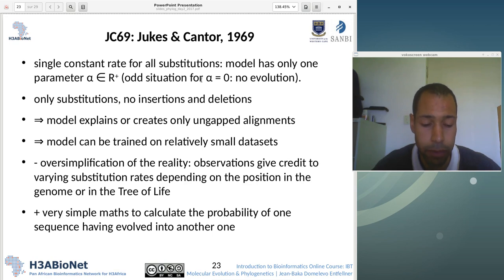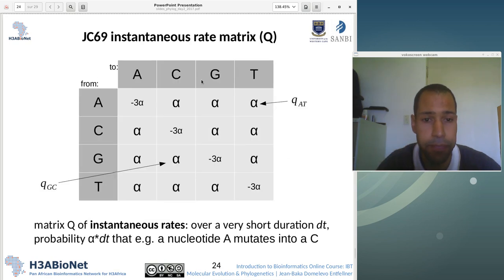Nevertheless, this model gives results that are not too far from the results given by better models in many cases. And it has very simple math to calculate the probability of one sequence having evolved into another one, and that's why I decided to show this simplest model of evolution for this introductory course.